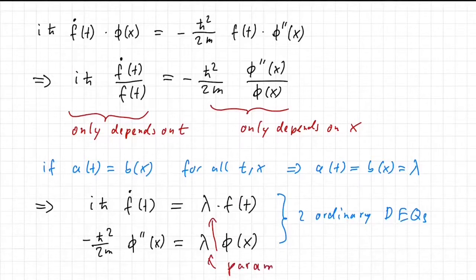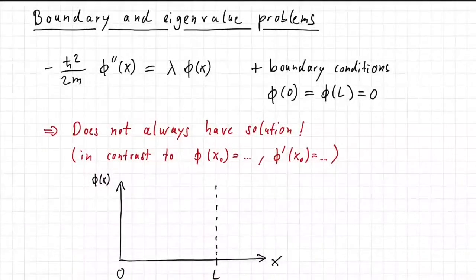In principle, they also depend on a parameter that could take any value. It turns out that once we take into account the boundary conditions of the particular problem, the value of lambda will be restricted to certain values. This is what we're going to look at next.